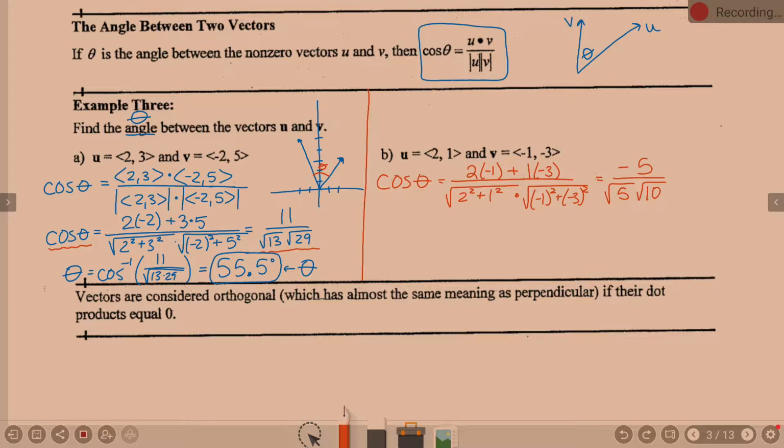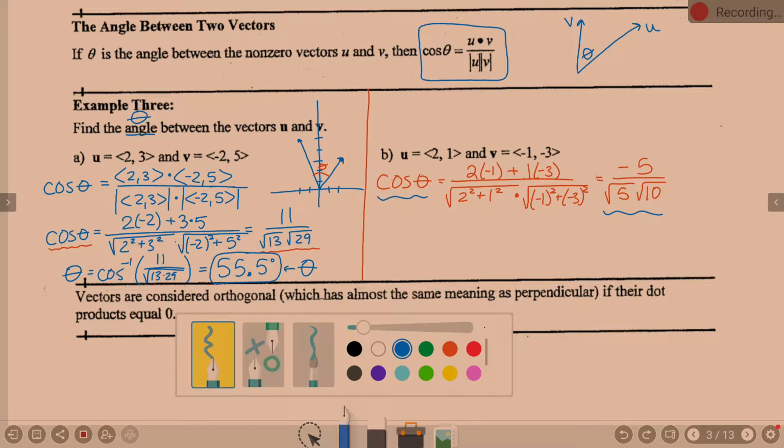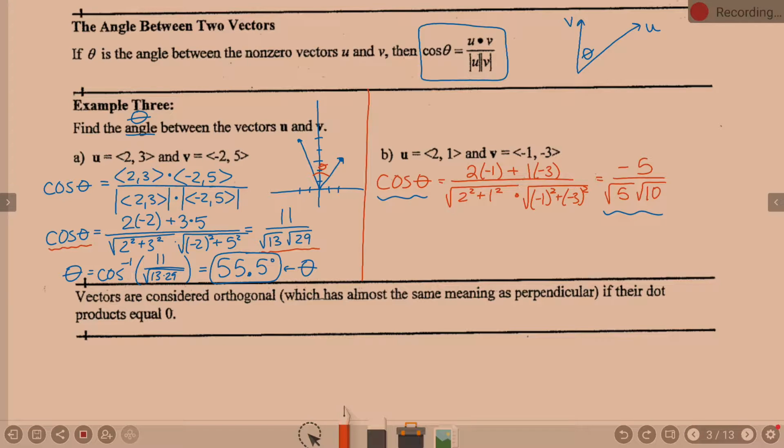If you want, you can think of that as square root of 50 in the denominator, yes. So if I have cosine theta equals this fraction, how do I find theta? You find theta by doing the cosine inverse, right? Remember, theta will switch your input and your output.